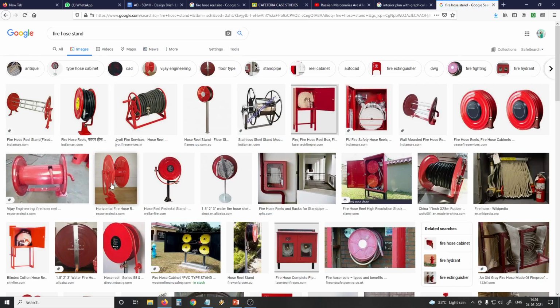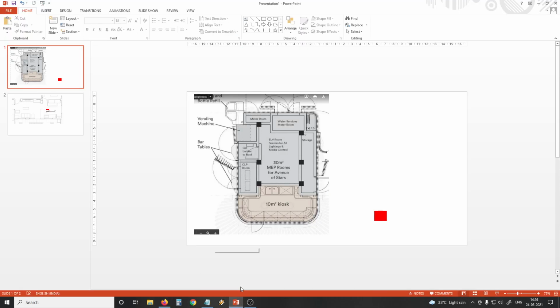These are usually present in standard sizes, so you can look at the standard sizes and then estimate.